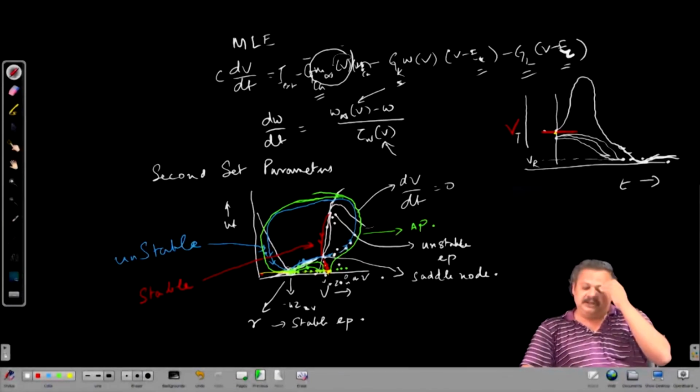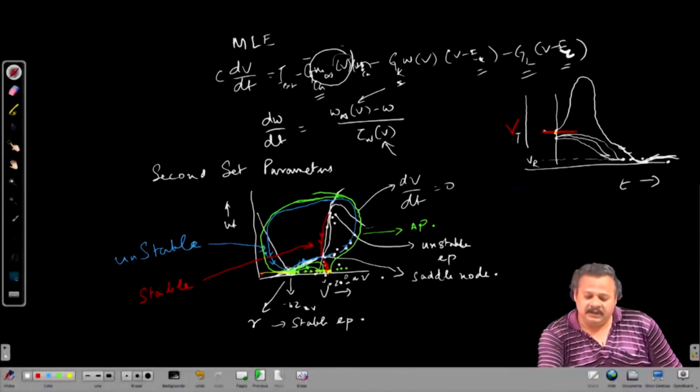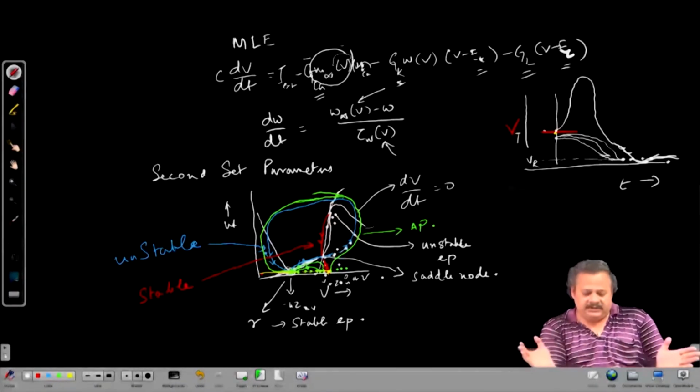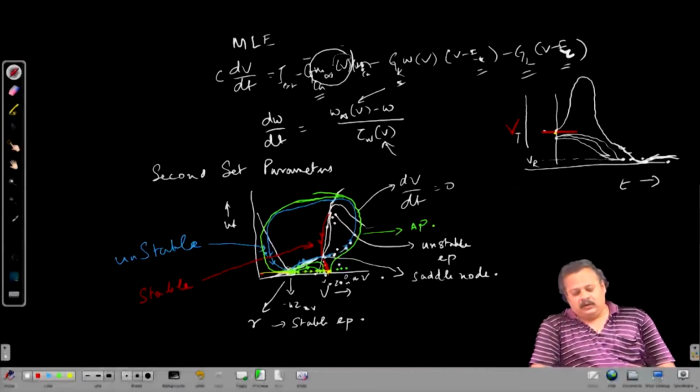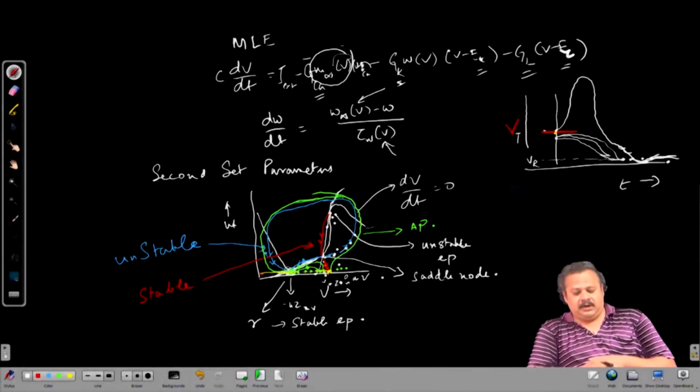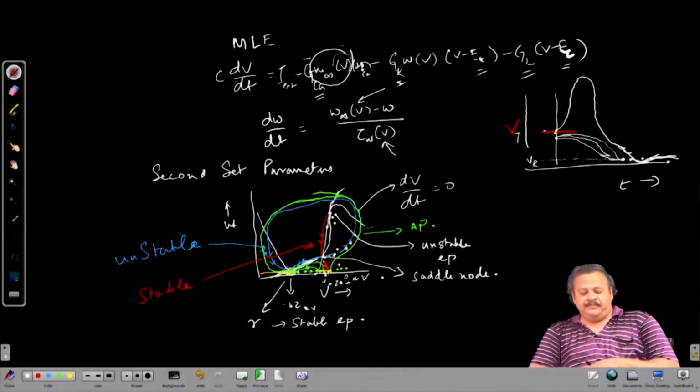So this is essentially the action potential, and the stable manifold that separates the two regions is what is providing the threshold behavior. So this same idea, we are talking about a toy system here, by changing the set of parameters where we can see the two threshold behavior.